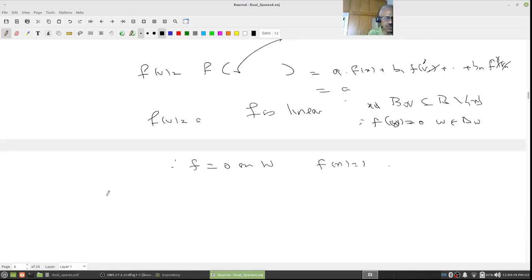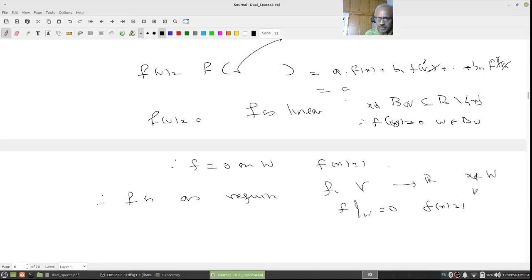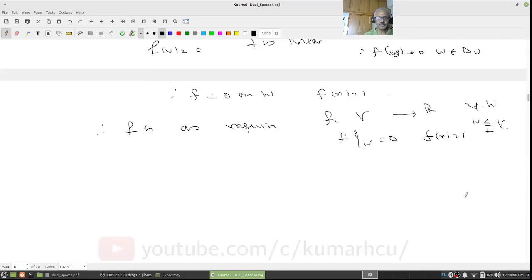Okay, so we have produced a linear function from where to where? V to R, so that f restricted to W is 0 and f of x is 1, and x is not in W and W is a proper subspace of V. Okay, pause, review, proceed.